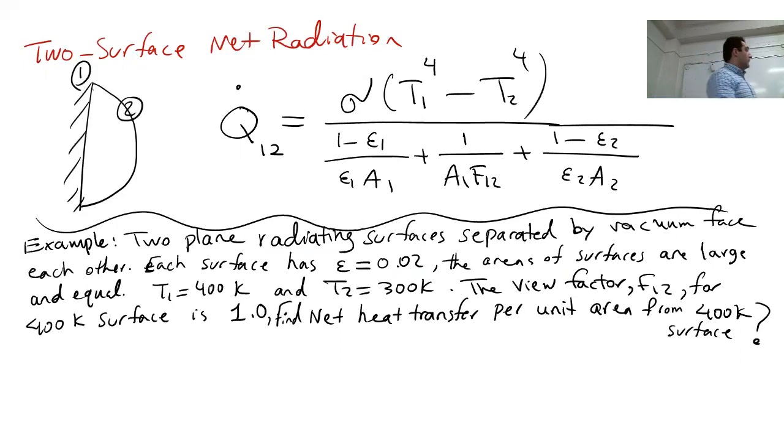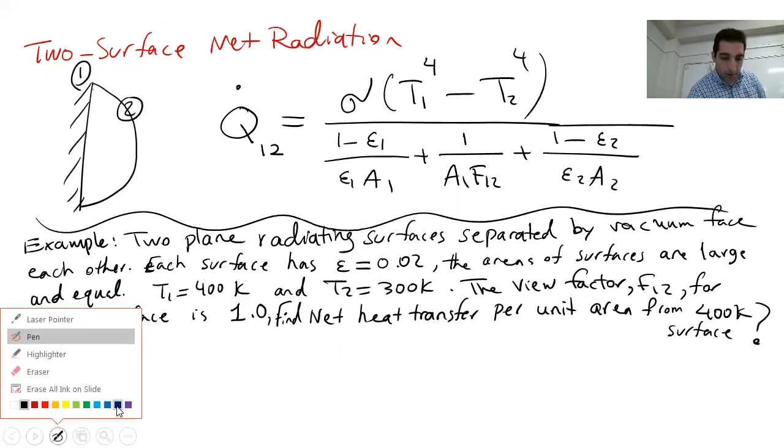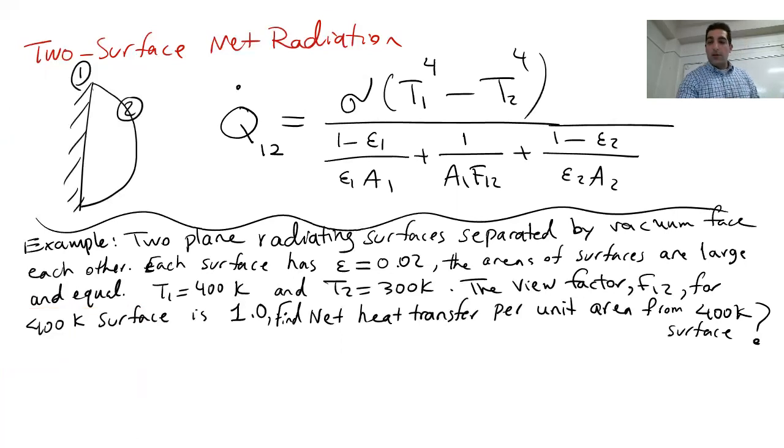So first of all, we know that this is a two-plane surface, so this will work because this is based on two surfaces separated by vacuum, no convection. We know emissivity, we know everything else. So we just draw it the same way as that. For this, I'm going to use the same equation, I don't even need to draw the network.